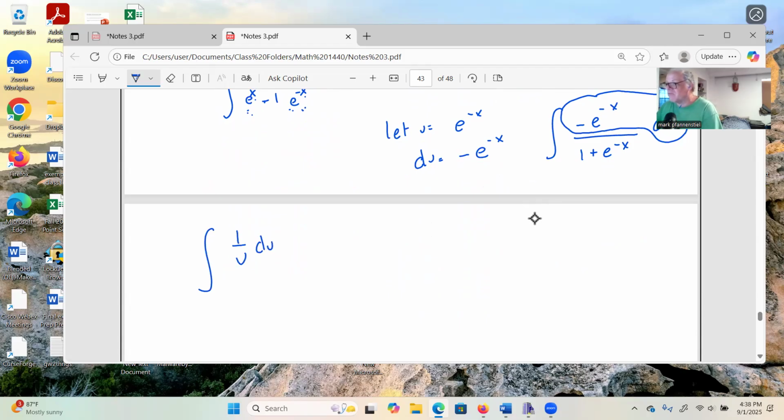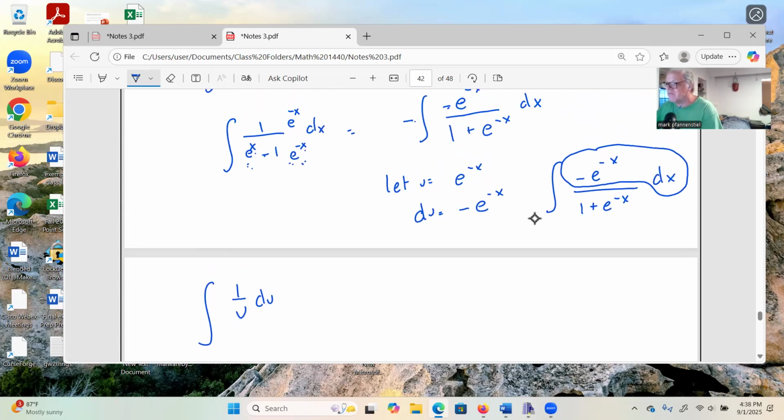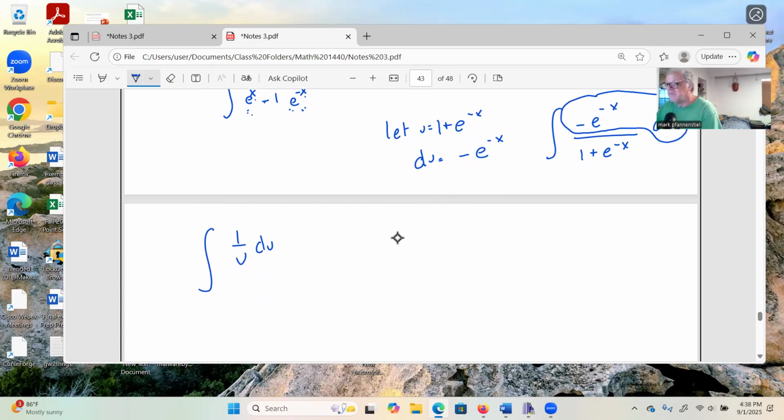Okay, my 1 plus e to the negative x, right? Go ahead and say 1 plus. When I take my derivative, a constant is 0, so this doesn't change anything. We have 1 over u du. Go ahead and integrate, and we have natural log of u plus c. What was u? u is 1 plus e to the negative x.